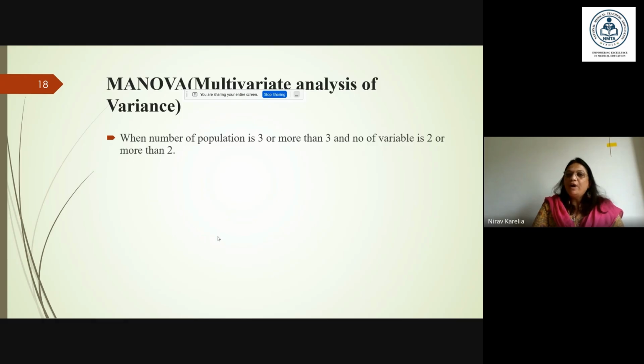But what happens when you have more than 2 variables? Here there is a study technique and teaching method, 3 populations and you consider only 2. Now with more than 2 variables and more than 3 populations, you have to go for the MANOVA, multivariate analysis of variance.